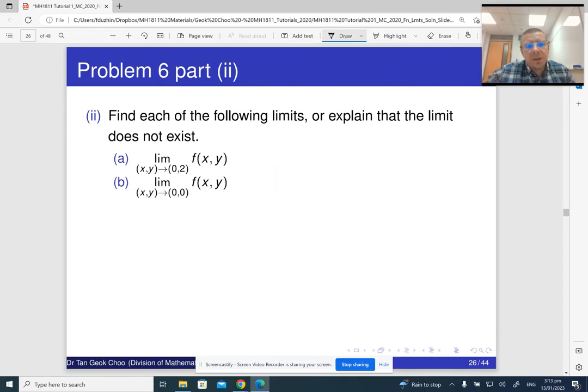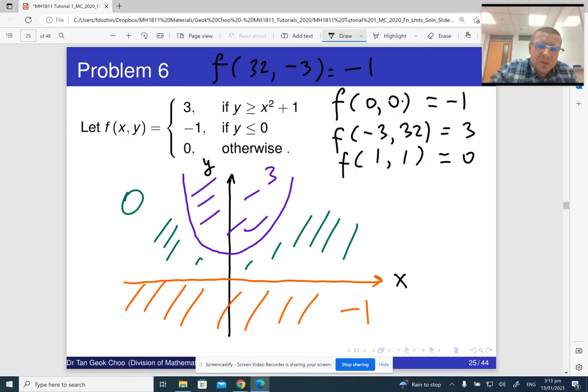we need to find the limit as (x, y) approaches (0, 2), and the limit as (x, y) approaches (0, 0). So first, what happens if x and y approach (0, 2)? So this is the point (0, 2). You see, near that point, for values of x and y close to that point, the value of the function is always 3, right?